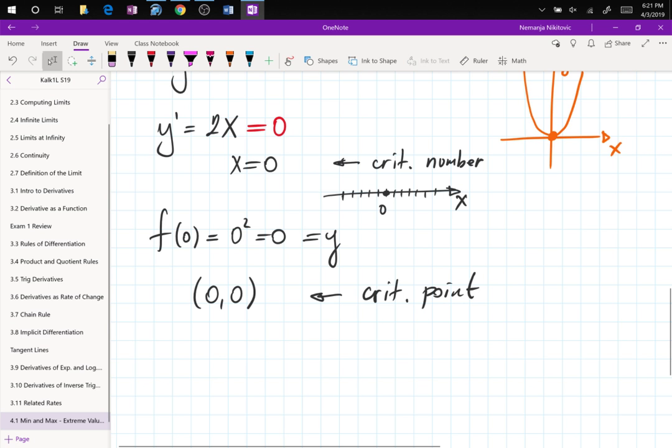Because if the y values to the left and to the right of 0 are above 0, then this point is below, meaning it's a minimum. Because you are either going to encounter this situation or you're going to encounter this situation. Your critical number, critical point, is always a min or a max. So the 2 points that you calculate to the left and to the right, they are either both above or both below.